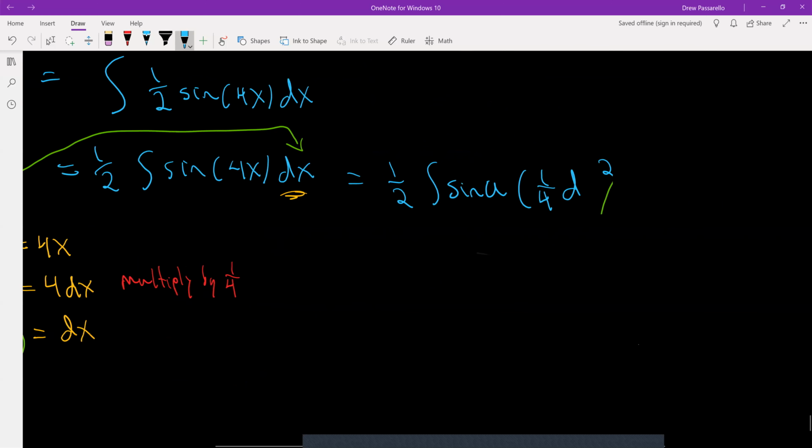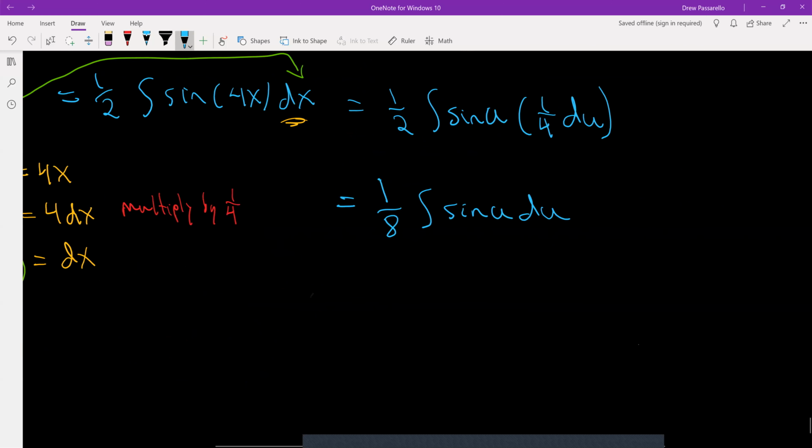All right, then I'd factor out the 1/4 and times it by 1/2 to get 1/8. And then integrating sine becomes negative cosine. So this will be 1/8 times negative cosine of u, plus c.